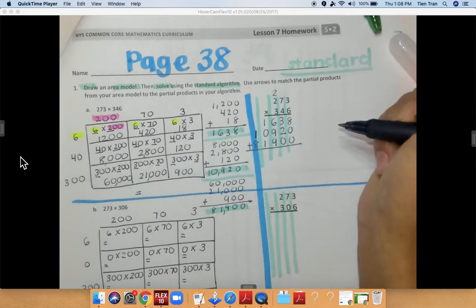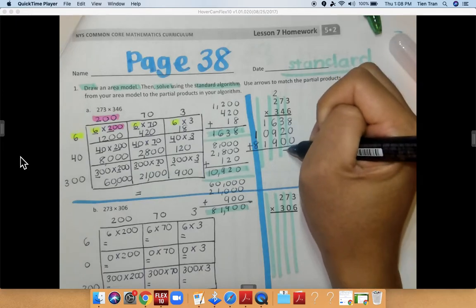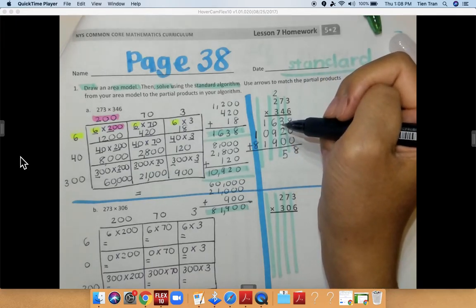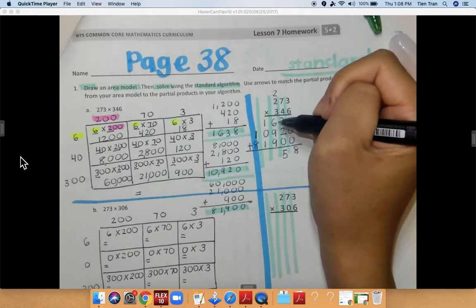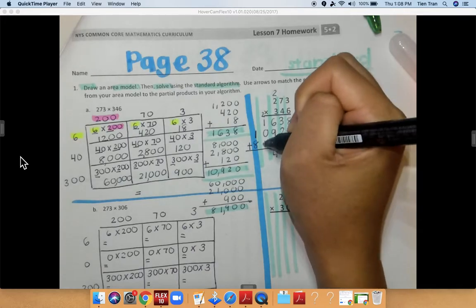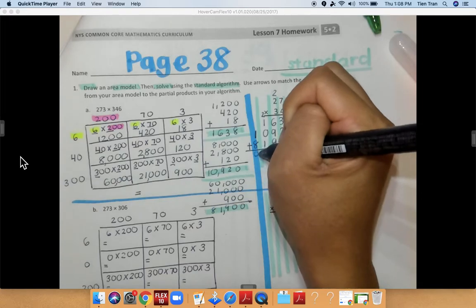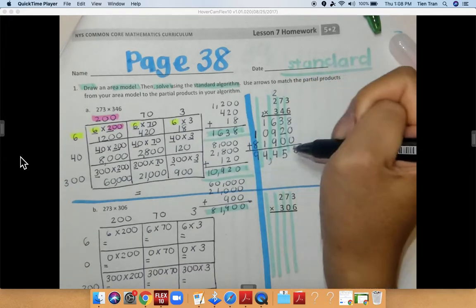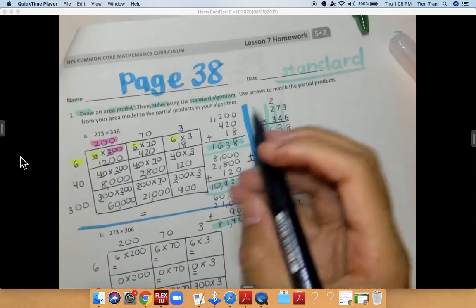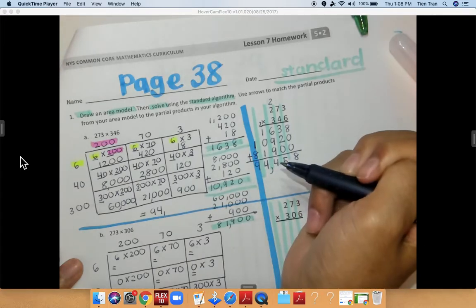I am so sorry, that is hard to see. 8 plus 0 is 8, 3 plus 2 is 5, 9 plus 9 is 18, and 18 plus 6 is going to give me 24. Wow. 1 plus 1 plus 2 is going to give me 4. 8 plus 1 is equal to 9. Okay, so we have 94,458. And when you add these numbers together, you will also get 94,458.